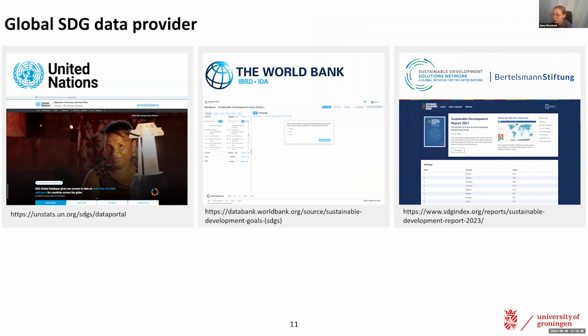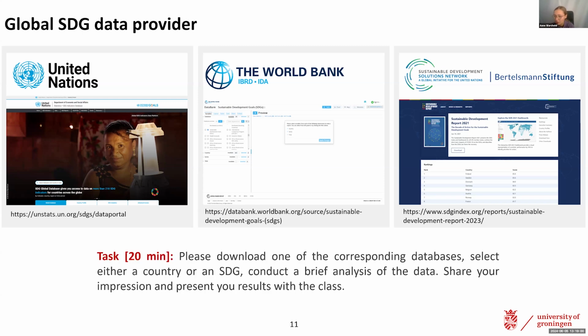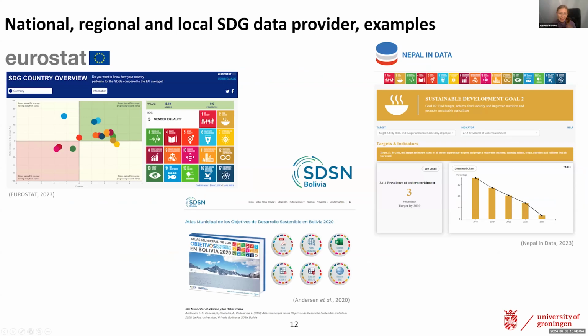You can go to all of these 3 databases and have a look at the data. Download the data for either a country or an SDG, do a brief analysis or see how the data is structured, and then share your impression or present something you have found, so that we can later reuse what you have found.